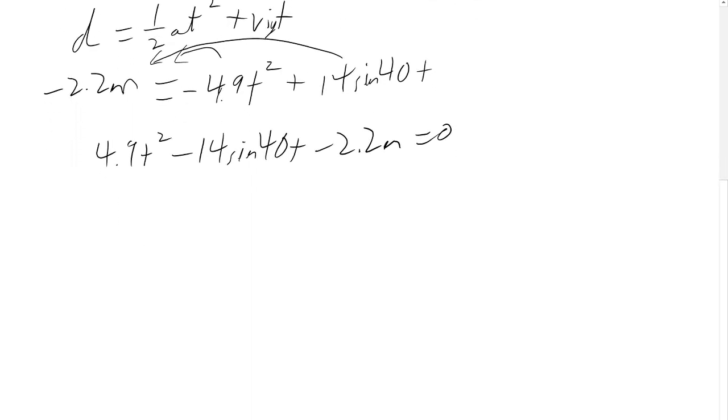So now that we have this, I think now is a good time to simplify this. 14 sine 40t. So, I didn't bring my calculator out. Just give me a second. 14 times sine 40.